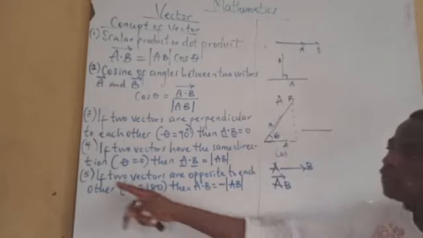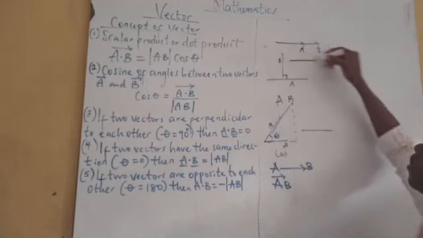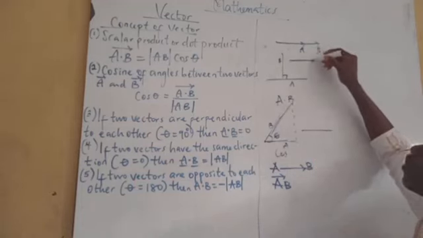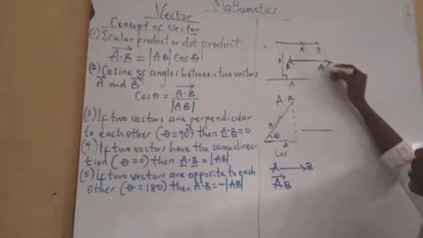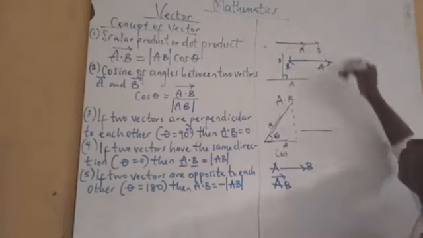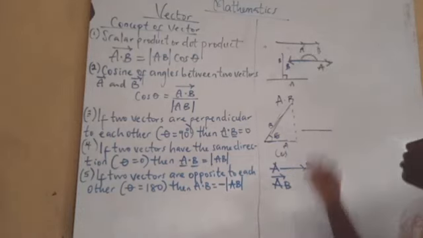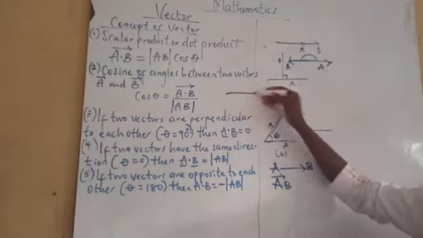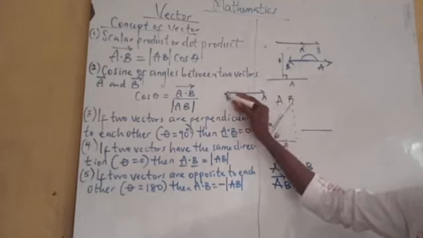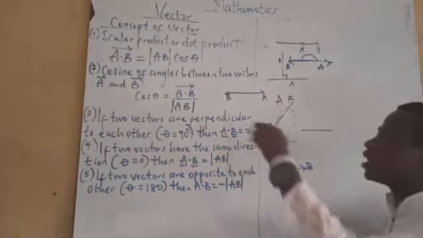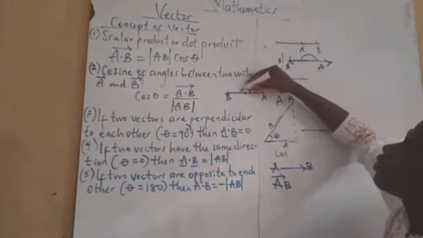Now, if the two vectors are opposite, it means, let's say the vector A is going in this direction and vector B is going in this direction. This is our B and this is our what? A. So the angle that will form between A to B will be what? 180 degree. B is going this way, A is going this way. So the angle that will be formed between both of them will be 180 degree.